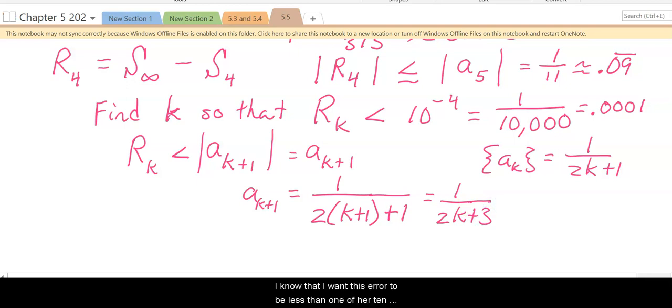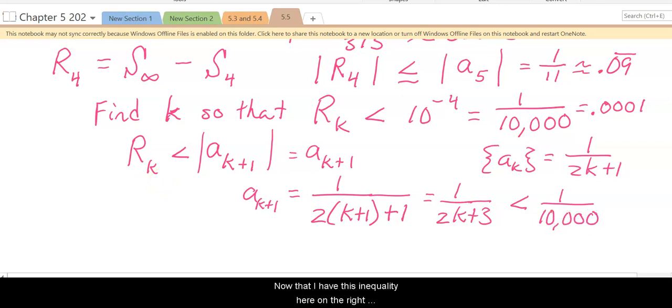I know that I want this error to be less than 1 over 10,000. So since I want the error to be less than that, I set A sub k plus 1 to be less than that as well. This will guarantee that since A sub k plus 1 is larger than R sub k, and it's also smaller than this, that R sub k will be smaller than 1 over 10,000.